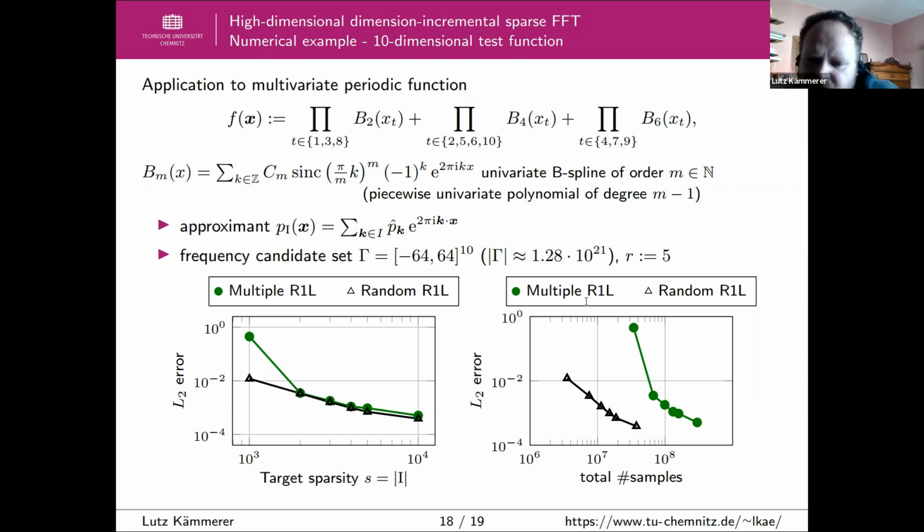Yeah, well, what do we have here? We have the L2 error compared to the total samples, and you see even for function approximation, this new approach, the random rank-1 lattice approach, does not suffer from a larger number of samples. We have approximately the same gap here, right?